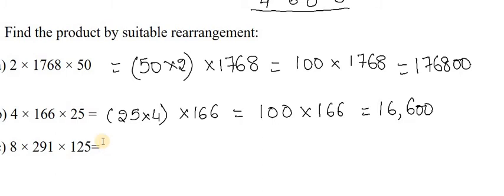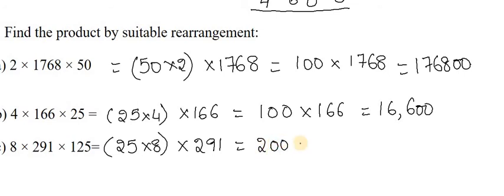So first we will multiply 25 with 8, and that answer multiplied with 291. So 25 8s are 200, multiplied by 291. Automatically there are 2 zeros, and now multiplication with 2. 2 1s are 2, 2 9s are 18, 2 2s are 4 plus carry 1 is 5. 58,200.